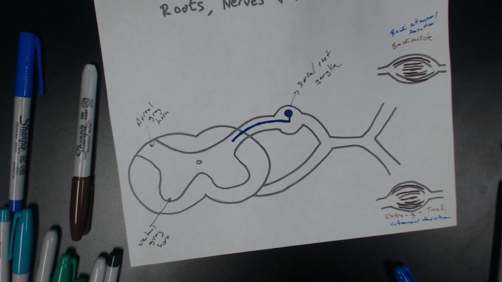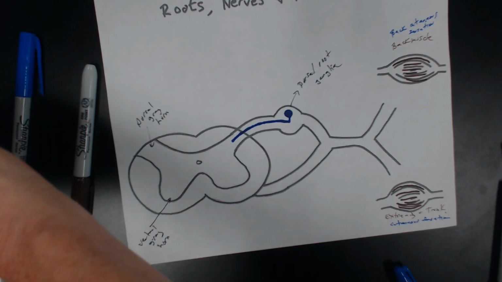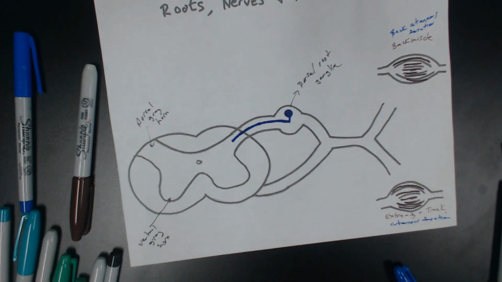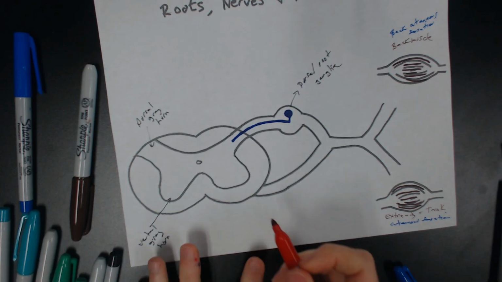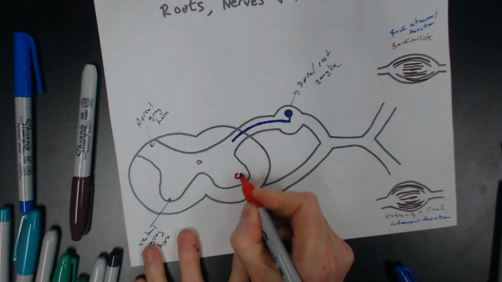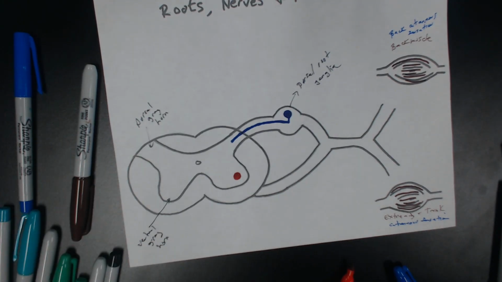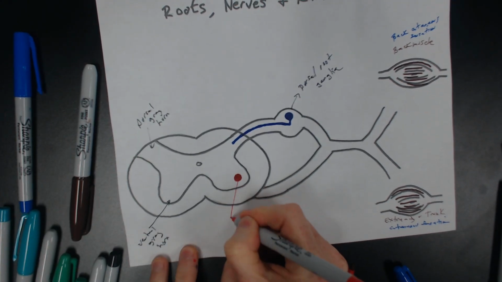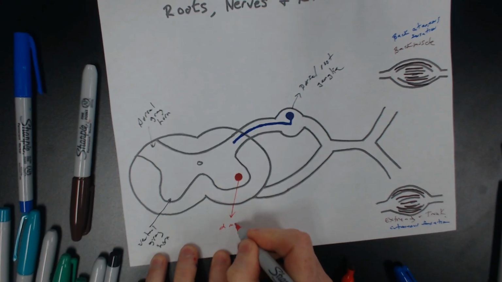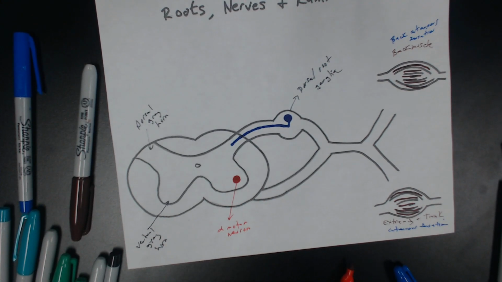Okay, and as I mentioned previously, the ventral gray horn is the location where these lower motor neurons or alpha motor neurons reside. So this is going to be your alpha motor neuron. Also call it your lower motor neuron. Any way you want to think about it, it's both the same.